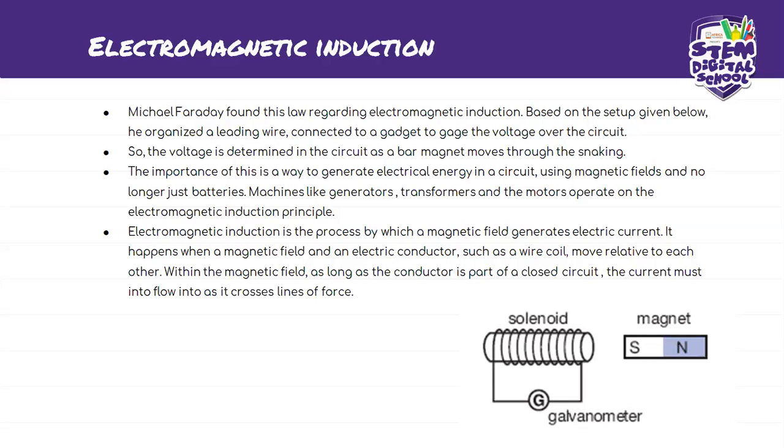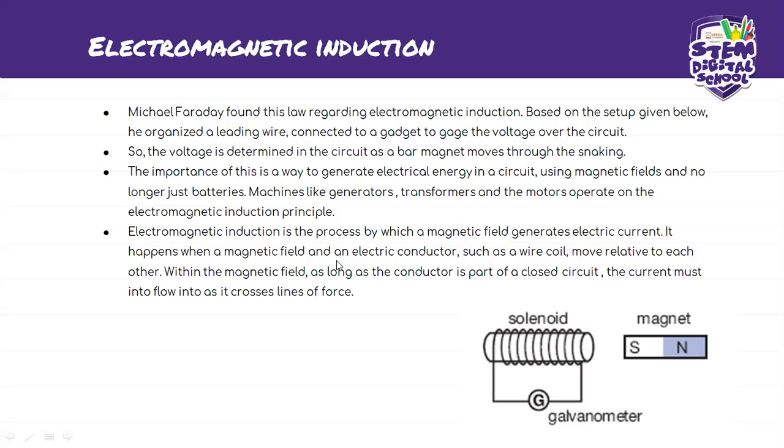Electromagnetic induction is a process by which a magnetic field generates electrical current. Once the magnet goes in here, a magnetic field is produced. Remember we spoke last time about a magnetic field moving in one direction from one point to another. That's what they mean by a process by which a magnetic field generates electric current.